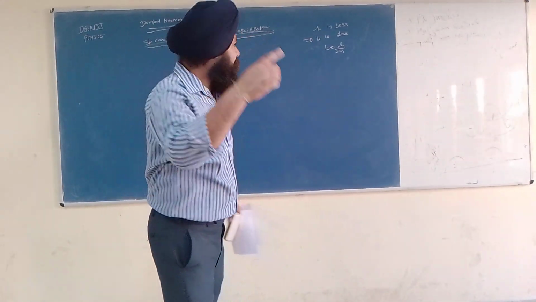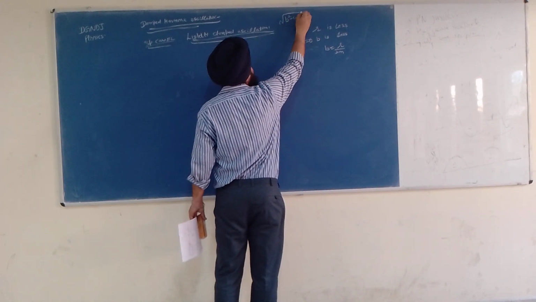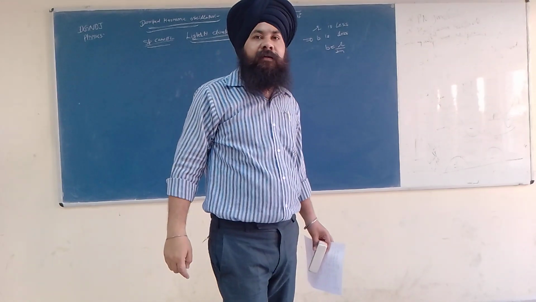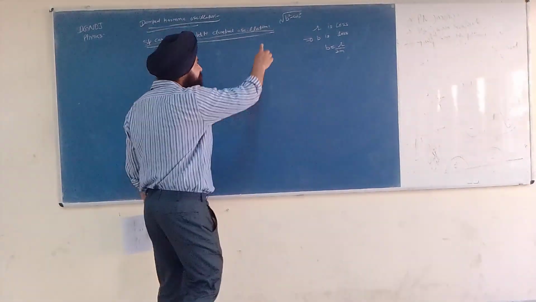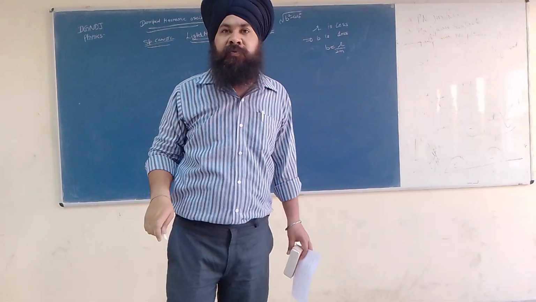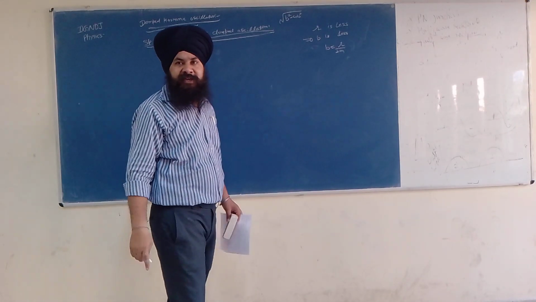Okay. And in the square root, we have a second term, B square minus omega naught square. So now what will be the condition? For the first case, we have used B square must be greater than omega naught square for the overdamped. And for the lightly damped, what will be the condition?